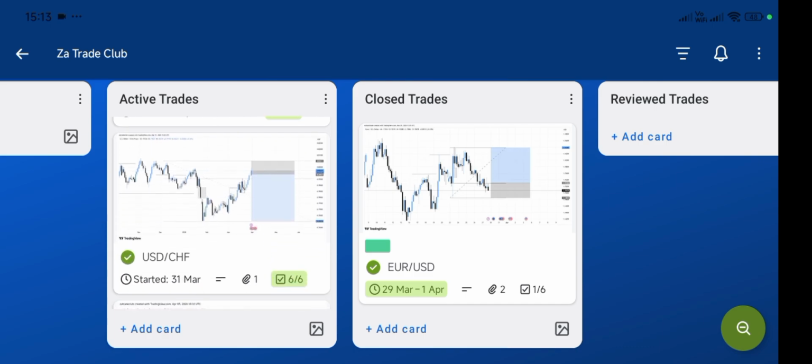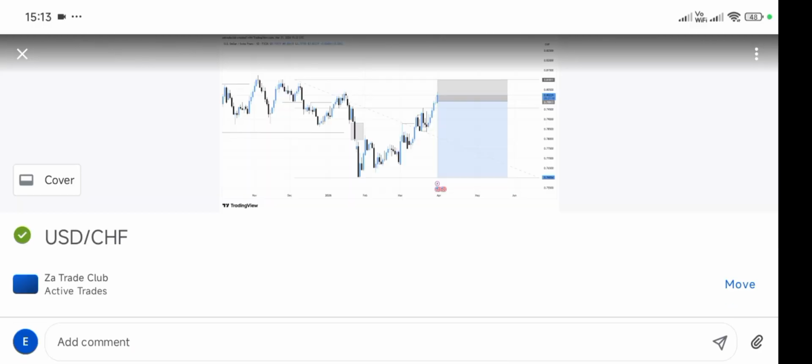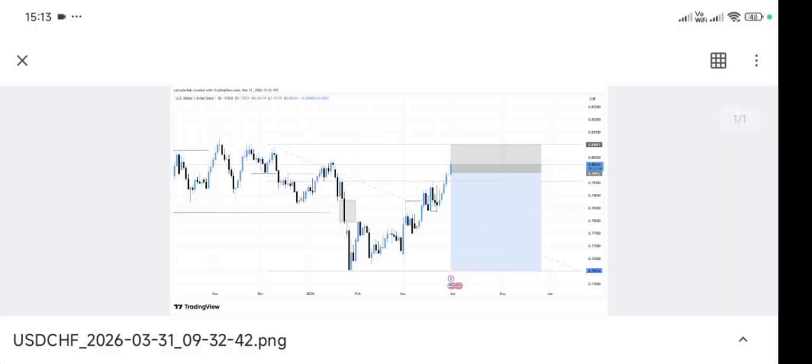The second trade will be USD Swiss franc. USD Swiss franc was taken on the daily time frame, and this is my swing trade that I mentioned. This is honestly my best setup for this week.